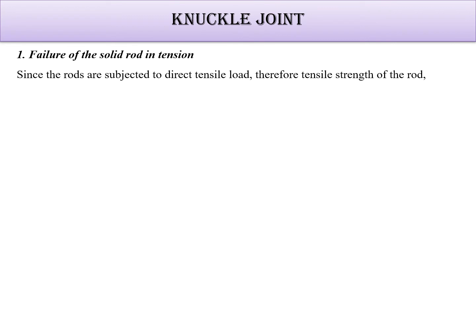Now first find out the failure of the solid rod in tension. To find out anything in tension, we know a very simple formula: stress is equal to load per unit area.